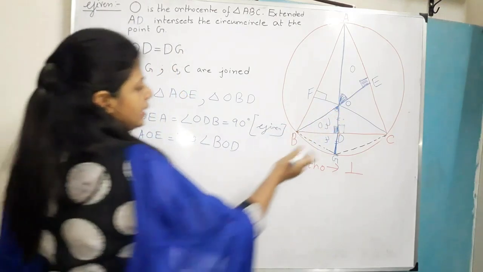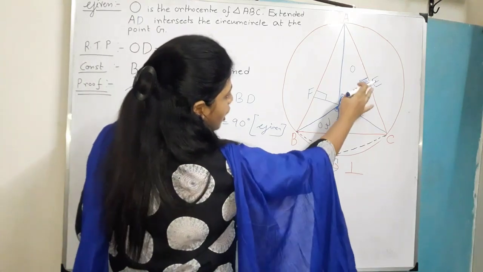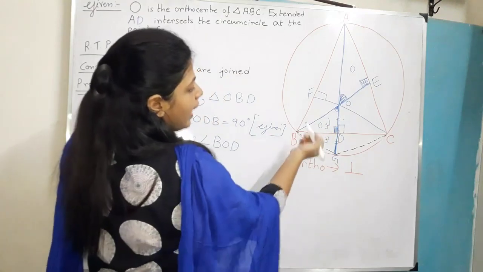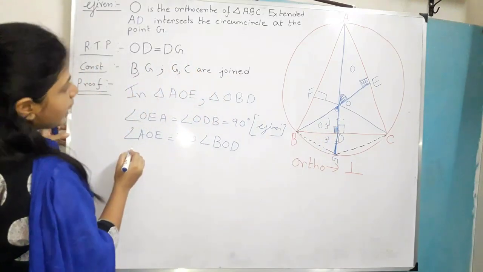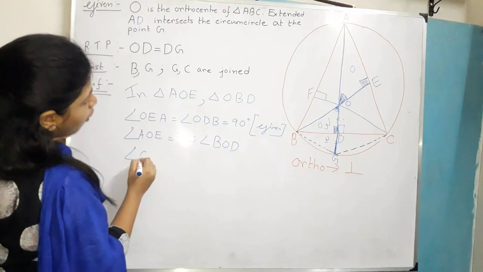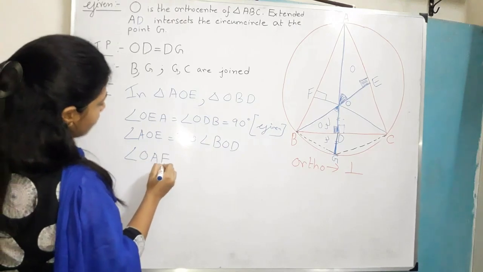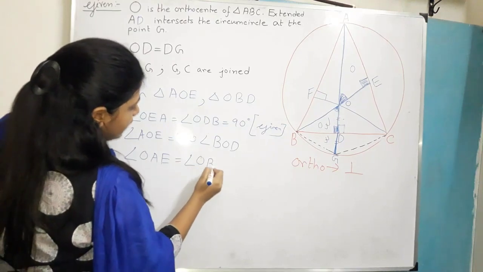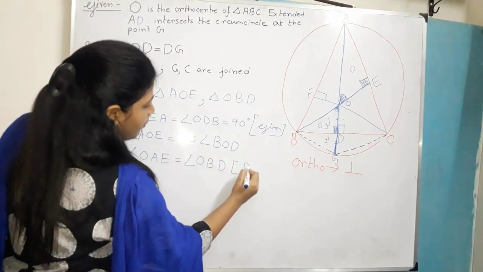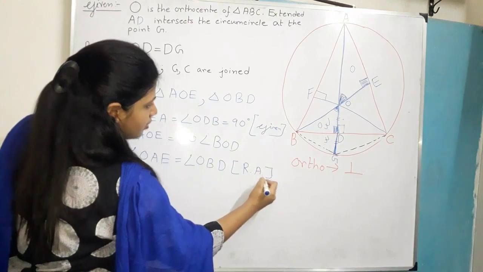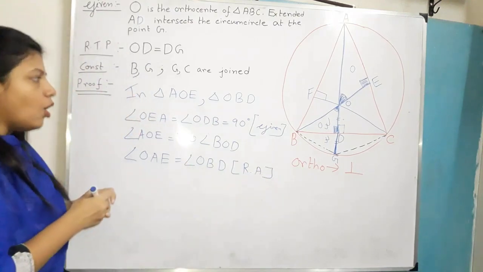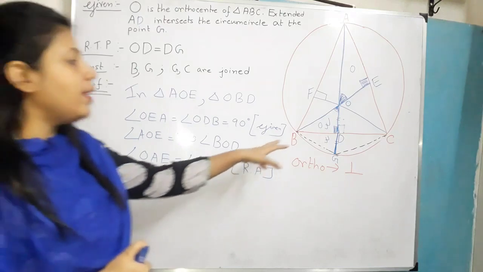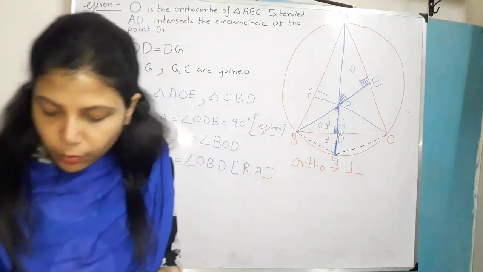So if in these two triangles two corresponding angles are equal, then obviously the third angle will also be equal. So we can say that angle OAE equals angle OBD. Since two angles of the two triangles are equal, the third remaining angle will obviously be equal.